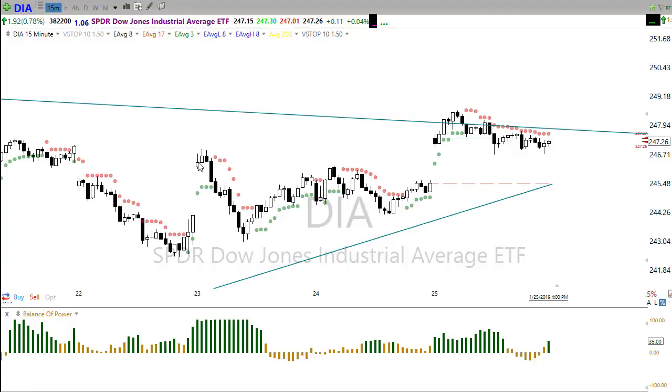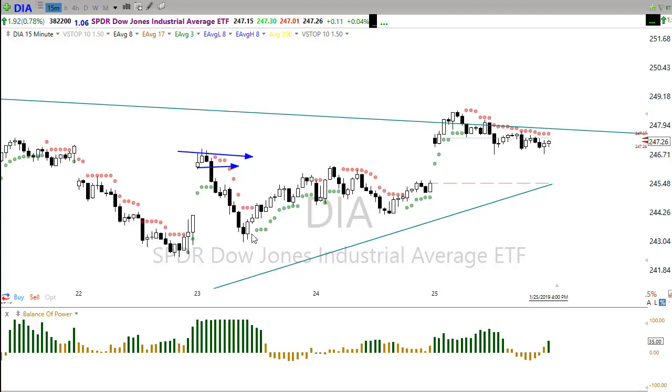The morning gap up. What do I always say about a morning gap up? Wait until we see proof that buyers are supporting the gap. Did we ever get proof that buyers were supporting the gap? No, we failed right here. So there could have been an entry into that trade right there, into the short side of the trade using a 15-minute chart.